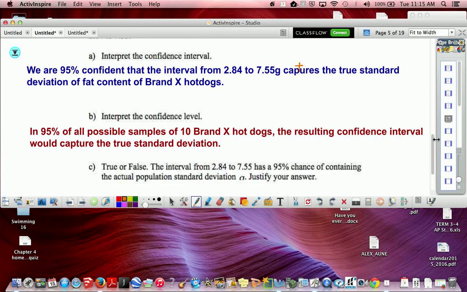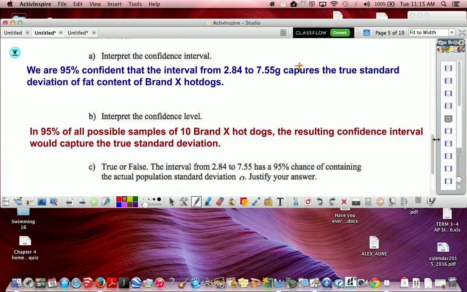Just one. One sample of size 10. Okay? So, when we talk about 95% chance, the 95% talks about how many intervals in the long run are going to capture the true mean. Not that this particular one has a 95% chance.